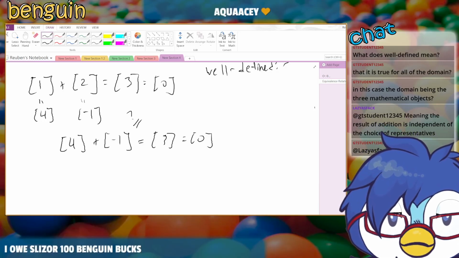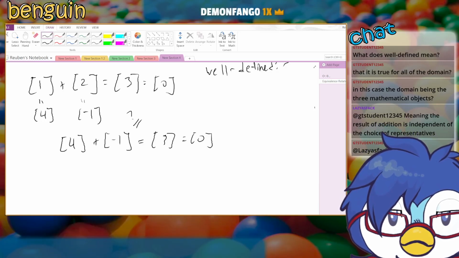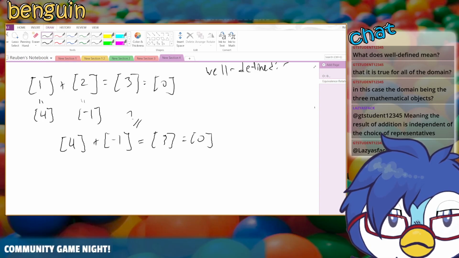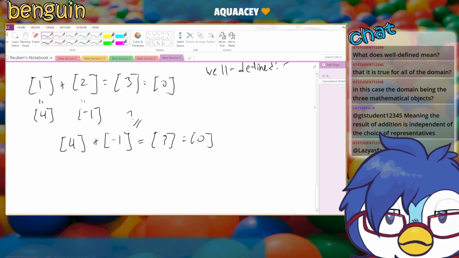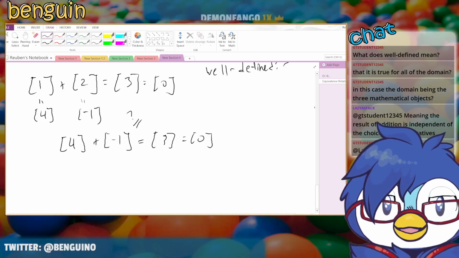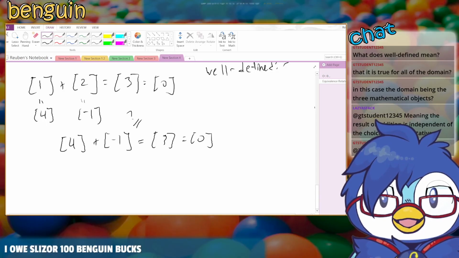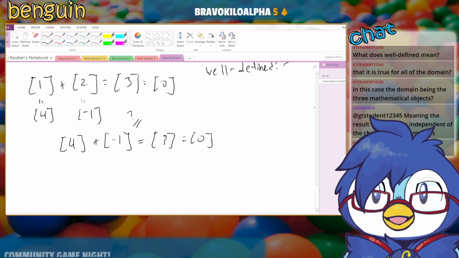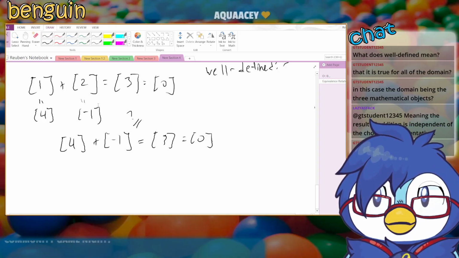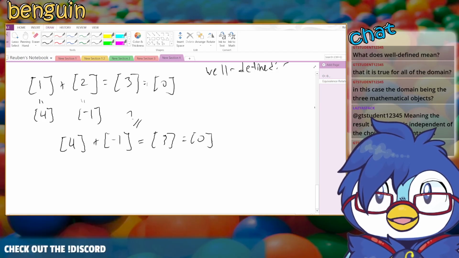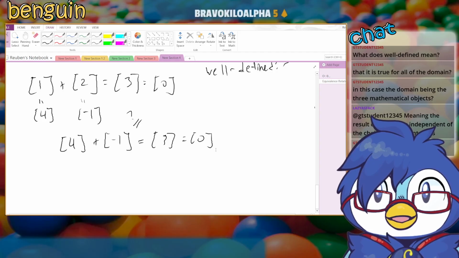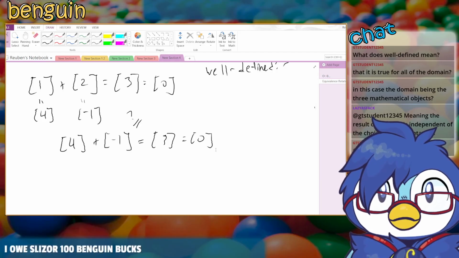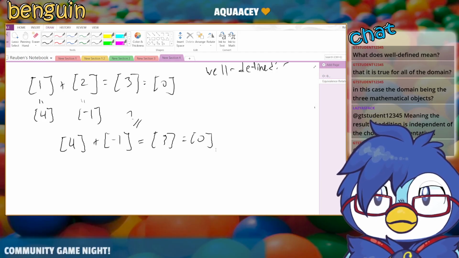Let me look at some questions here. Is it true for all of the domain? Yeah, so the result of addition is independent of the choice of representatives. Exactly, yes. As you see here, even if we swap out the numbers, the result that we get is still going to be the same, which is a very good property to work with.